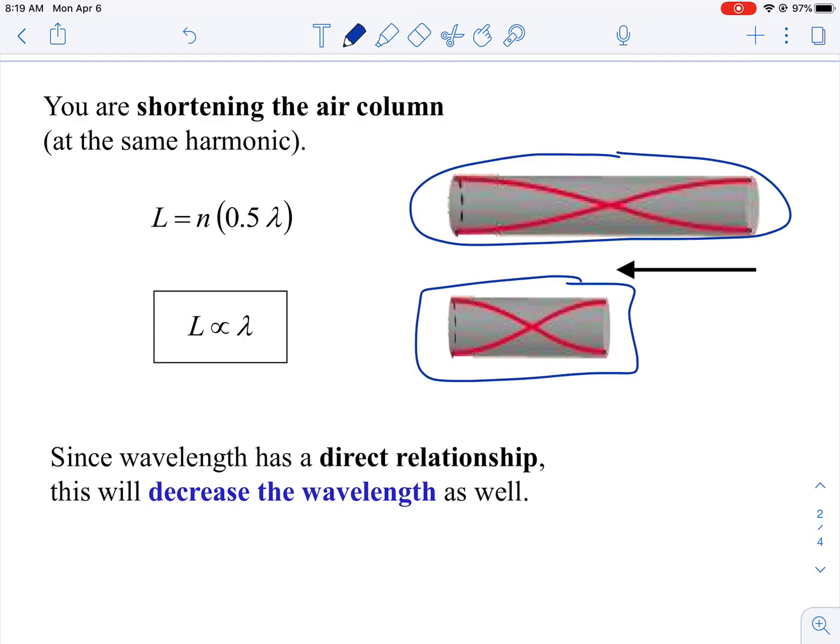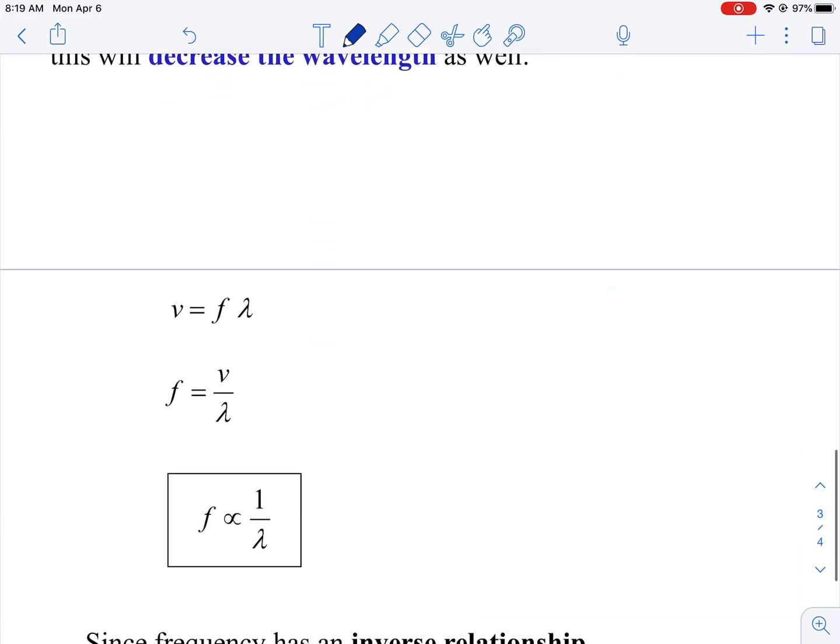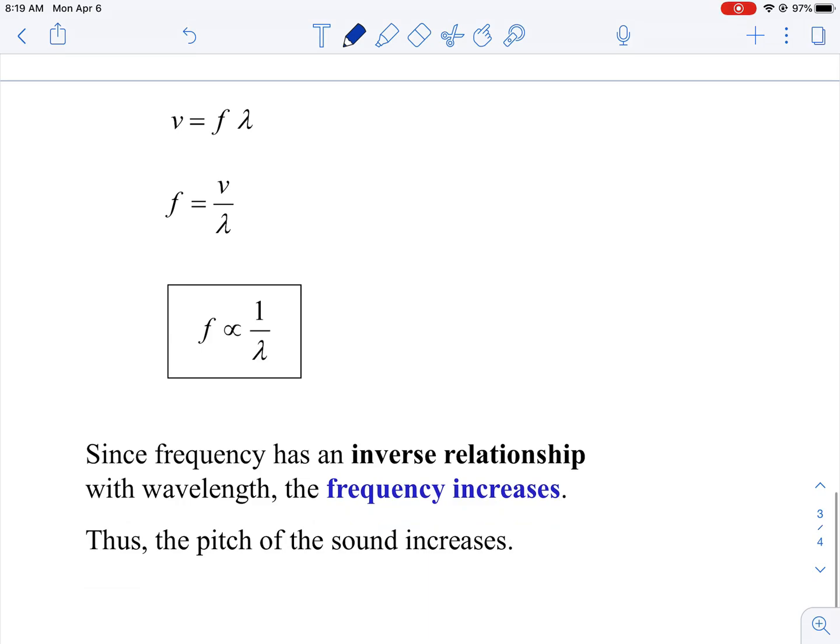But what's the relationship between frequency and wavelength? Based on v = f lambda, f and lambda have an inverse relationship. But remember, this is only going to be true if the speed stays constant. Do you guys remember what determines the speed of a wave? Answer?